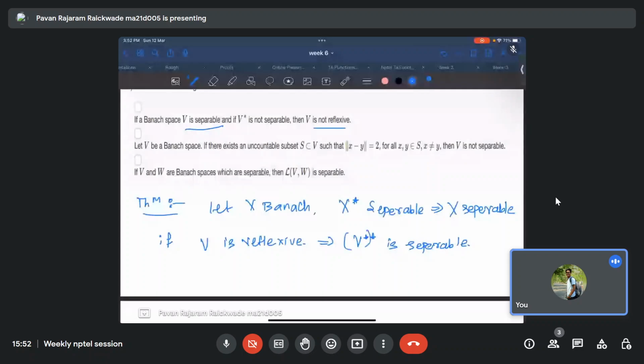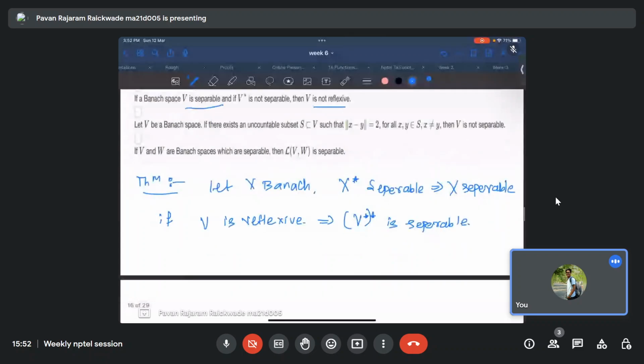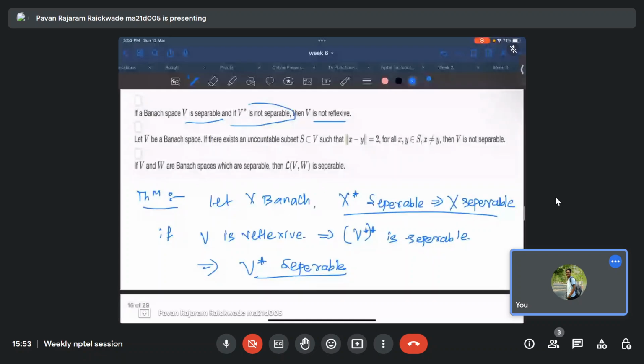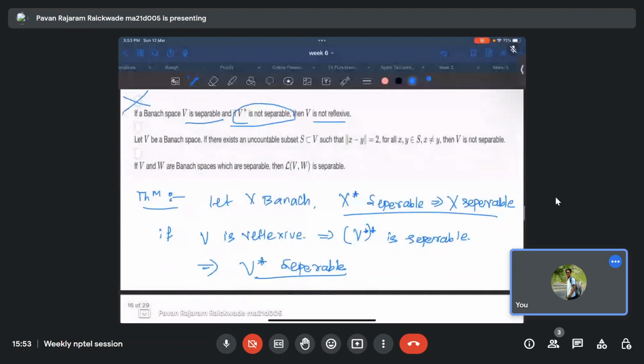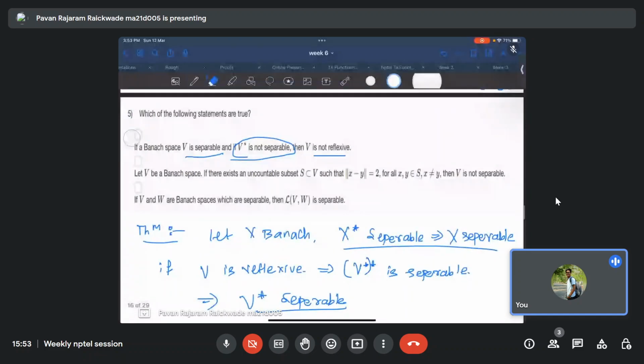And from this lemma it follows that V star is separable. But they have given that V star is not separable. That means this cannot happen. So this is true: if V is separable and if V star is not separable, then V is not reflexive. We had started with V being reflexive.